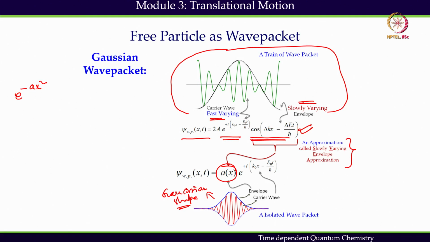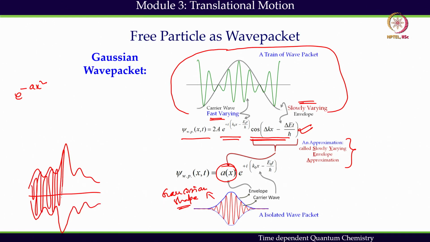Integration from minus infinity to plus infinity, Gaussian integrals are very well known and standard integrals. If I take some other shape, some ugly shape, let us say like this, with the fast varying component, then I cannot get the analytical solution; I have to go for the numerical solution.